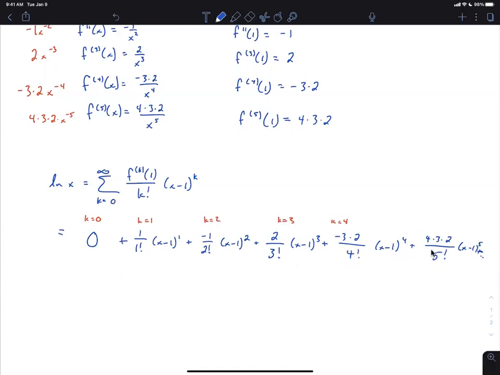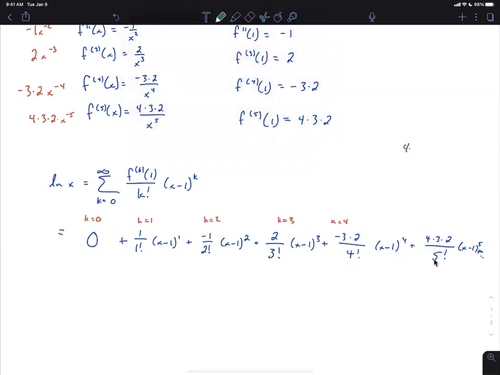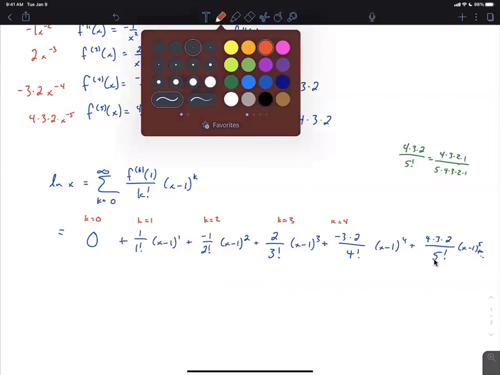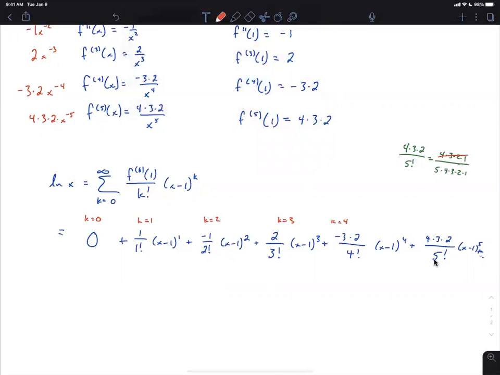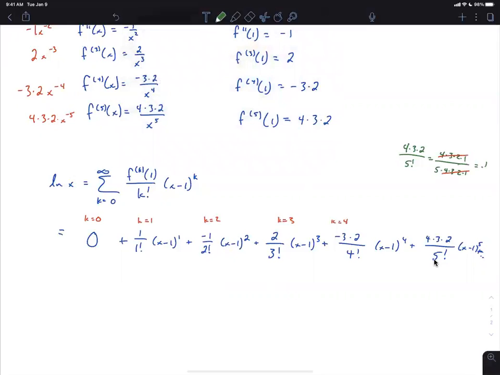The other thing, though, is that if you look at this 4 times 3 times 2, and then you look at 5 factorial, 4 times 3 times 2 over 5 factorial is the same thing as 4 times 3 times 2 over 5 times 4 times 3 times 2. And technically times 1, but so is the top. And so then you can cancel the 4, 3, 2, 1 with the 4, 3, 2, 1. And so you actually get just 1/5 for that term on k equals 5.